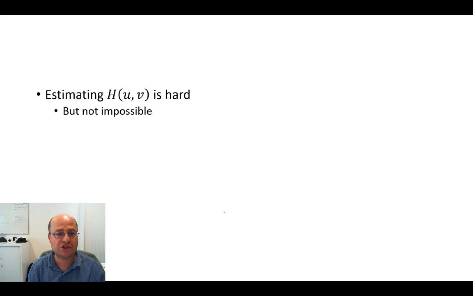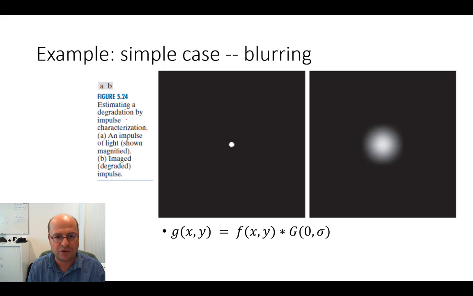Well, then there is a question: how can we estimate H? How can you estimate your degradation function? Well, of course, there are very complex procedures for that. We're going to discuss a few of them, but it's difficult, but not impossible. One simple example is that you apply a well-known impulse, a well-known signal to your imaging device, such as, in this case, an impulse of light. And then you check the answer of your imaging device.